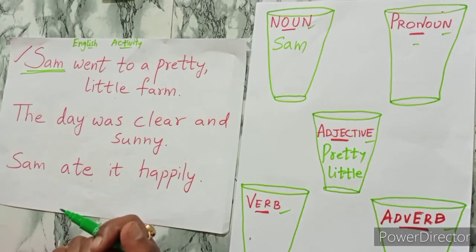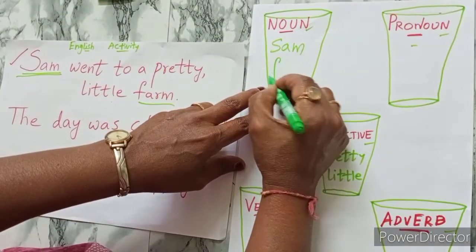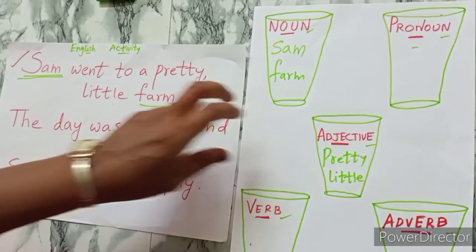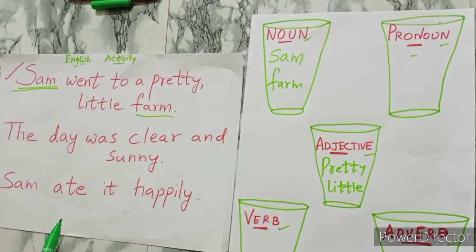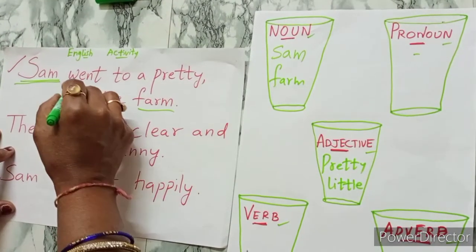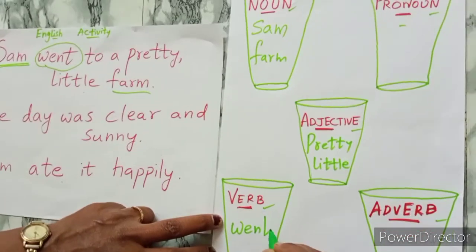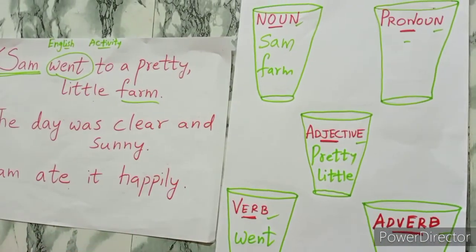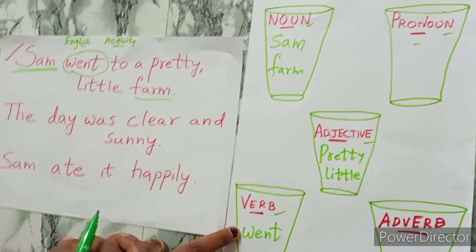Can anyone tell me what the other noun is? Excellent. It is farm. Farm is also a noun. Now, what is the verb here? The doing word? Yes, it is went. Verb is went. Now, is there any adverb here? No, it is not there. So, you have to put a dash.